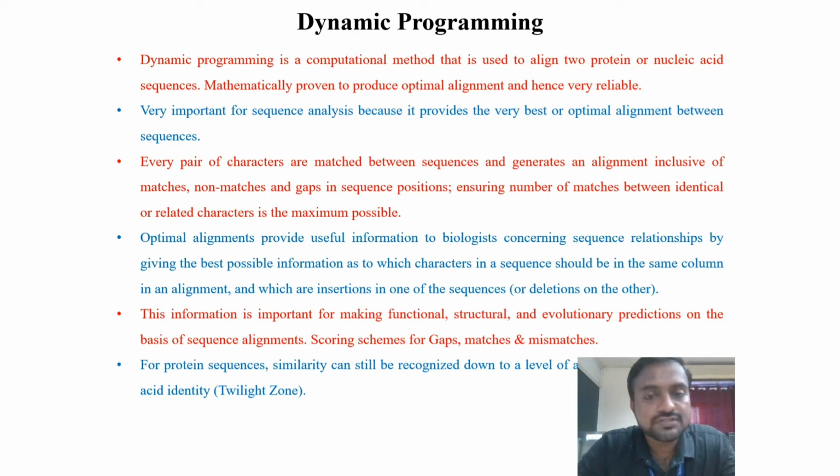So the more regions of match between the two sequences, the more clarity about the level of similarity between them. These optimal alignments provide useful information because sequence alignment forms the basis for any functional, structural, and evolutionary predictions on the basis of sequence alignment alone.